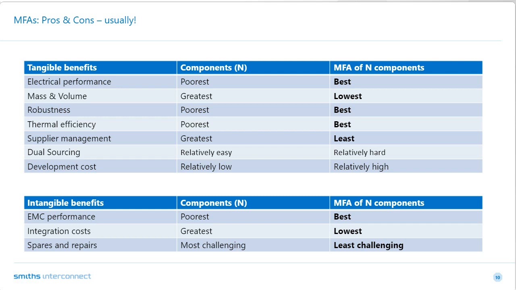As far as mass and volume, going back to the previous comments, they are going to be reduced, but compared to electrical performance and the third item, which is the robustness of the entire multifunction package, from a reliability point of view there's better performance with individual components put into a single package, from a connecting, bonding, terminating point of view.